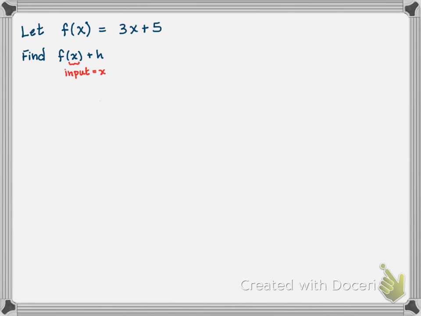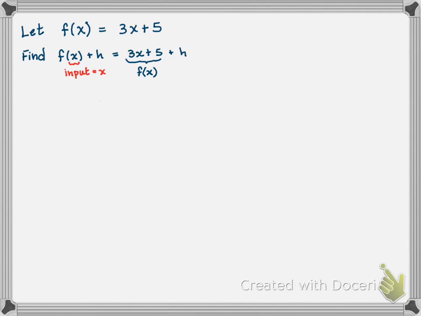Anything that happens now outside of that f of x is just getting tagged on at the end of whatever I did to get f of x. So this is going to be equal to whatever f of x is, in this case 3x plus 5. So this is my f of x. And then it tells me add h onto that. So I'm just doing plus h.